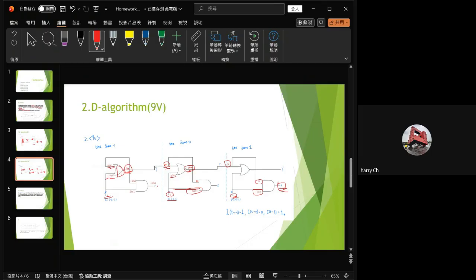To the NOR gate, we find we can get the 0, 0 here. And the answer is: the time frame -1, we give the pattern 1. And time frame 0, we give the pattern 0. And time frame 1, we give the pattern 1.